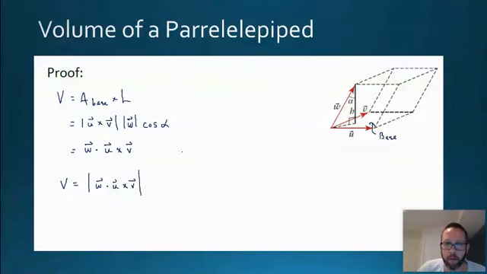You could also get this volume by doing u dotted with v cross w, or v dotted with u cross w, and you would find the same numerical value, but one or two of those may be negative. So by taking the absolute value, it doesn't matter which one you do, you always get a positive value. So this is the absolute value of your triple scalar product.